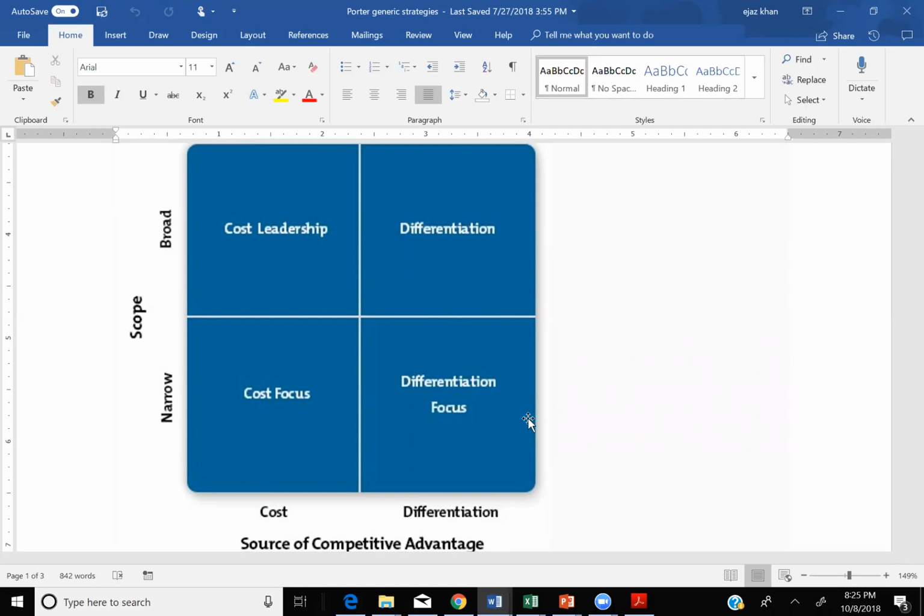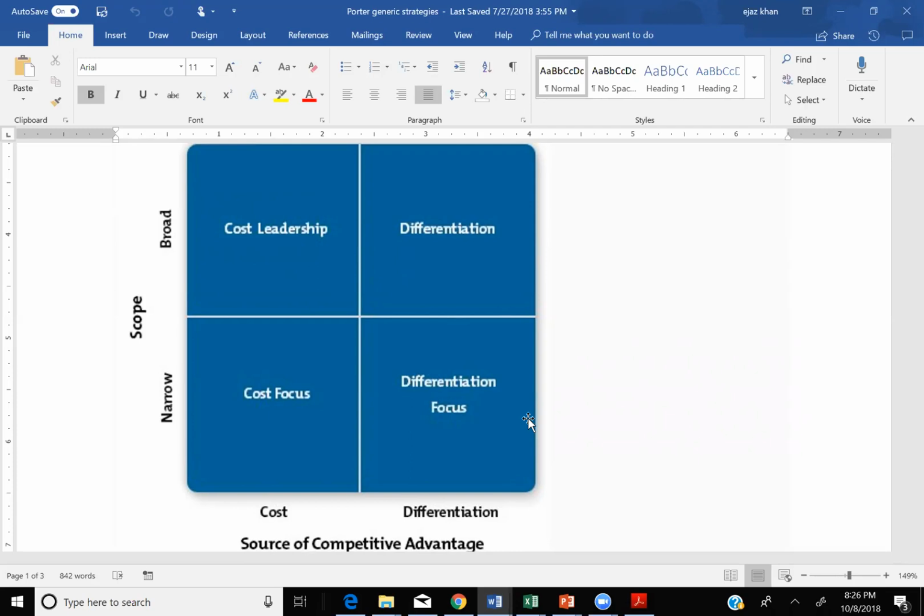And in this particular market, Samsung is applying differentiation focus as it is offering the Galaxy S series or Note series with premium features and therefore charging higher prices for these products.